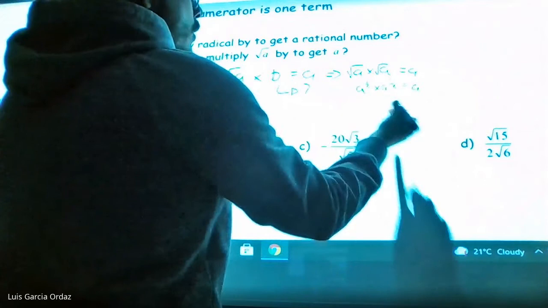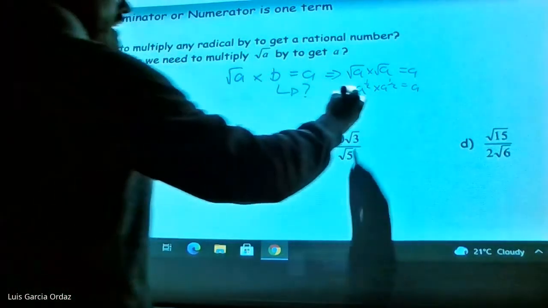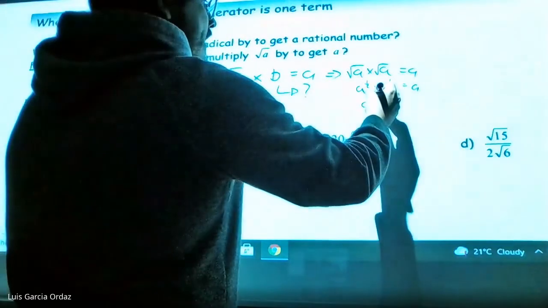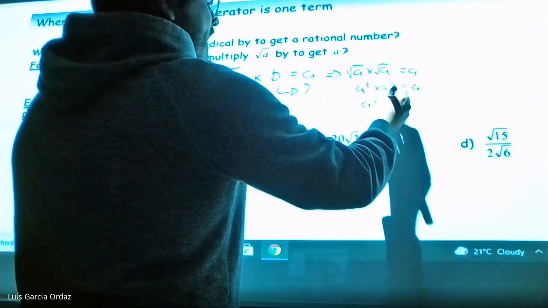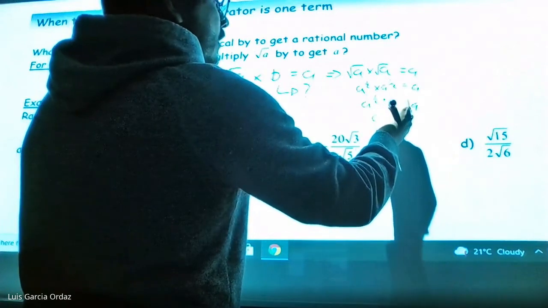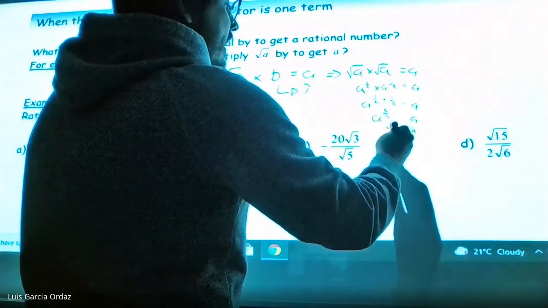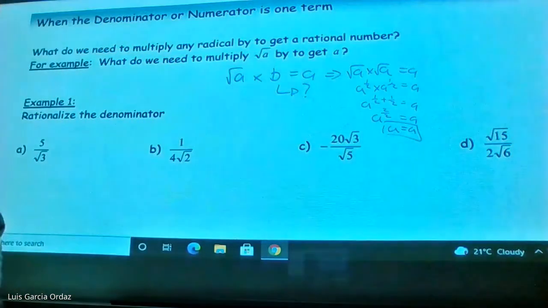As we know, when we multiply exponents with the same base, we just have to add the exponents. So we have a to the power of 1/2 plus 1/2, which is a to the power of 2 over 2, is equal to a, which means that root a has to be multiplied by root a to get just a in return.